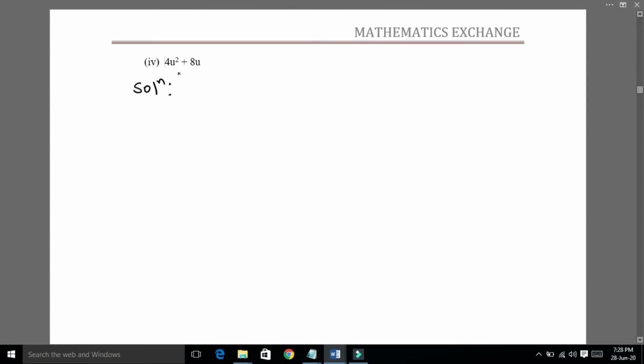Now the fourth question is 4u square plus 8u. So the given polynomial here is 4u square plus 8u. Now in this polynomial the constant term is missing. So we have to factorize only these two terms.